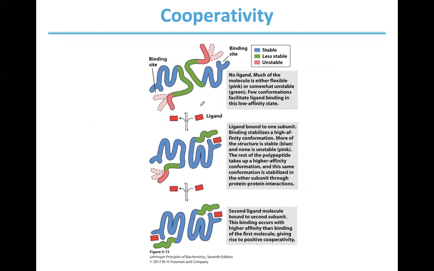So let's say we are in this kind of situation where there's no ligand, and you have a protein with two domains. There's a binding site here, and there's a binding site there.